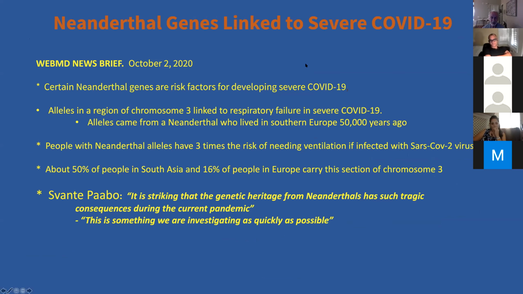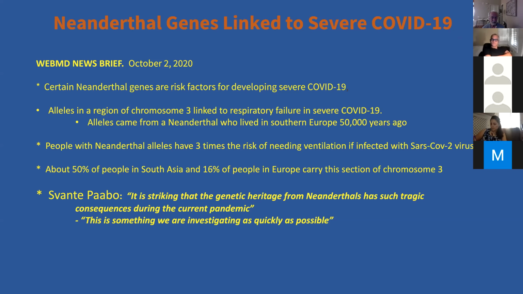to bring you up to date with Neanderthal genes, here's something that was published earlier this month from WebMD News. Certain Neanderthal genes are risk factors for developing COVID-19.